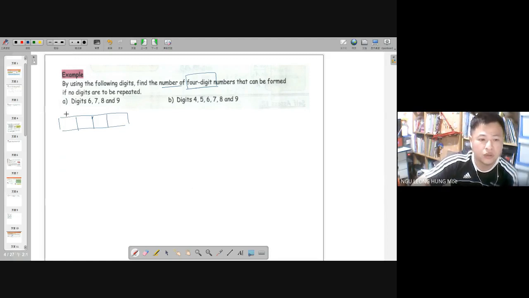For the first box, how many numbers can you fill in here? Can we fill in 6? If yes, reply me 1.